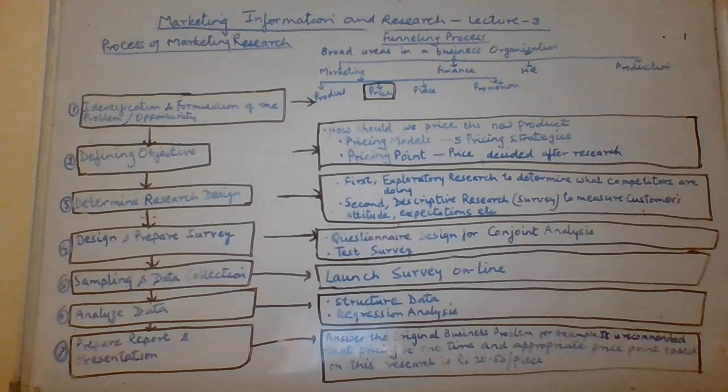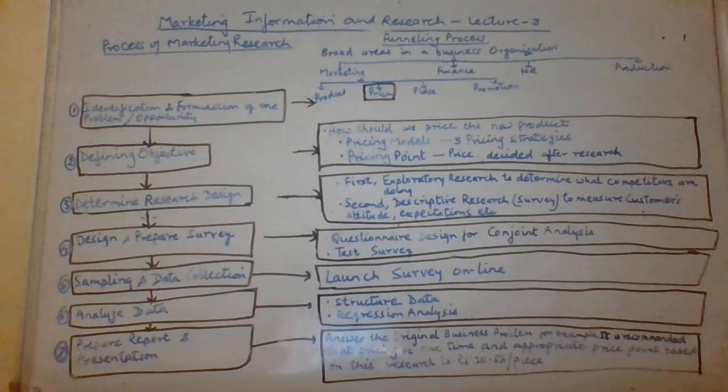And the second aspect is the pricing point, like price decided after research. The objective is how we arrive at a certain price which the customer is able to pay or will pay for my products.